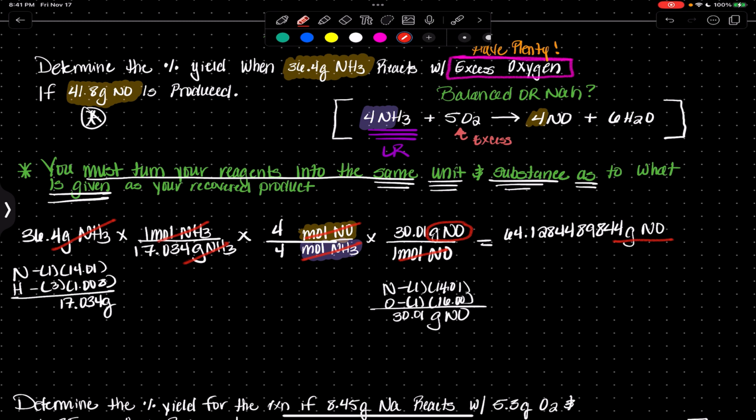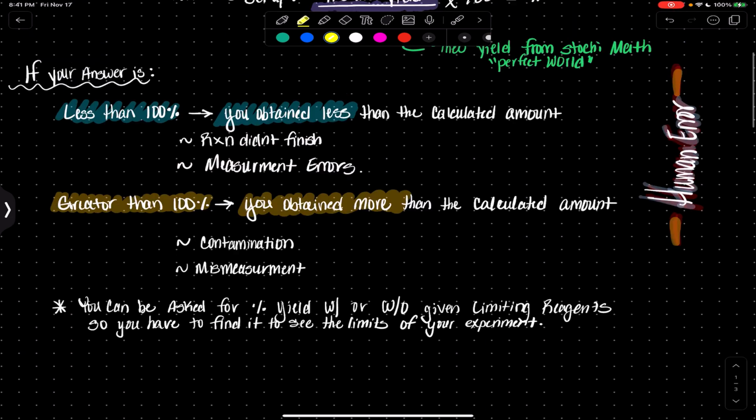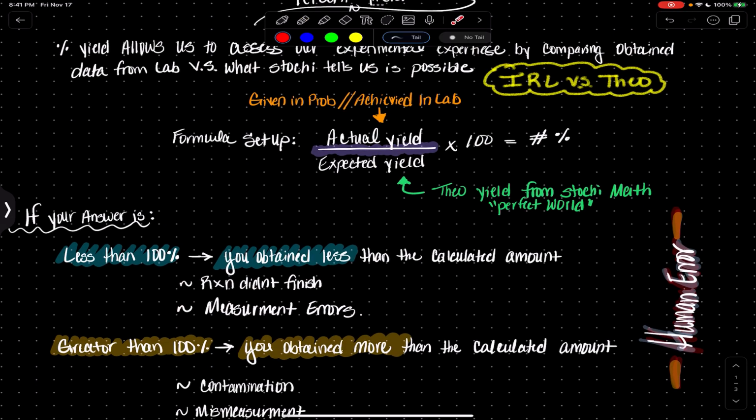That's what stoichiometry tells me I can make. This is the stoichiometry value, so this falls in the realm of theoretical yield. This is our theoretical yield down here.